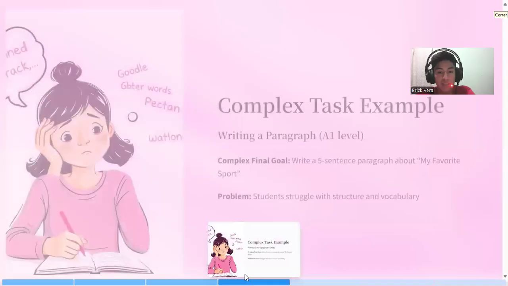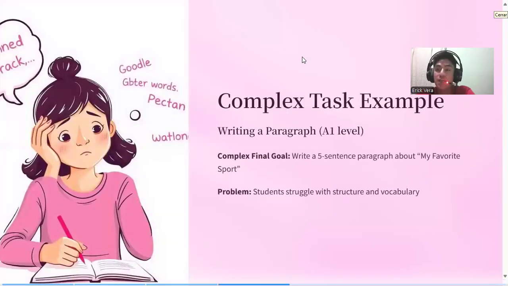And the intention for this method, scaffolding, is for complex tasks. As an example, I provide here writing a paragraph at A1 level. It could be a little bit difficult for students who can't put those activities into practice because it can be hard.